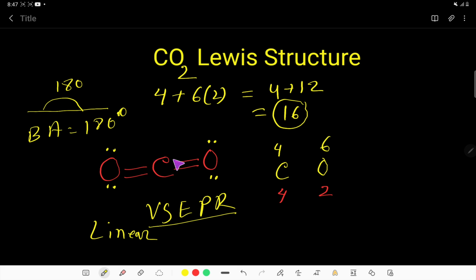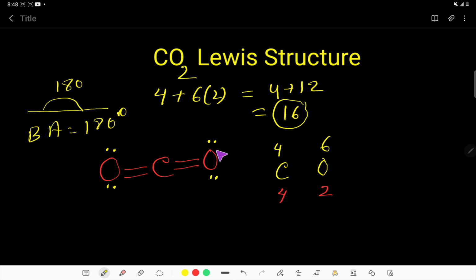Actually, the overall CO2 molecule is non-polar, because look, the dipole moment of this bond and this bond cancel each other due to the linear shape of carbon dioxide. That is why this is non-polar, right?